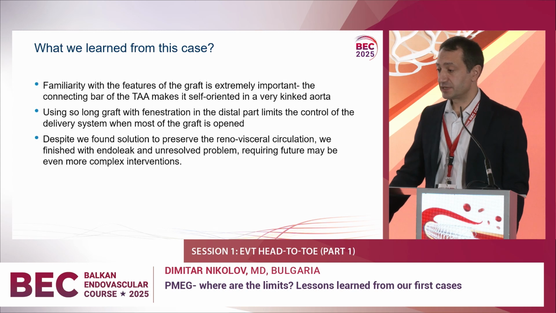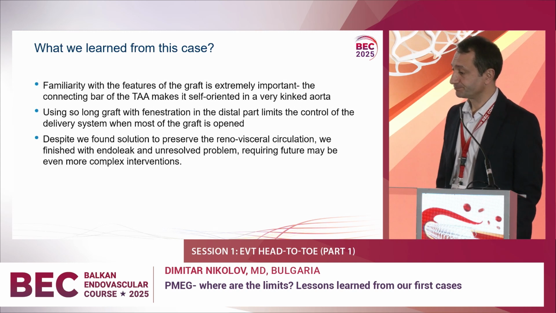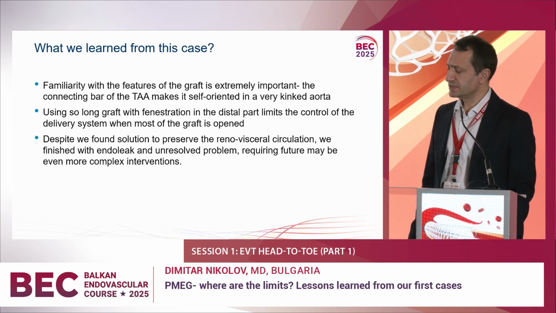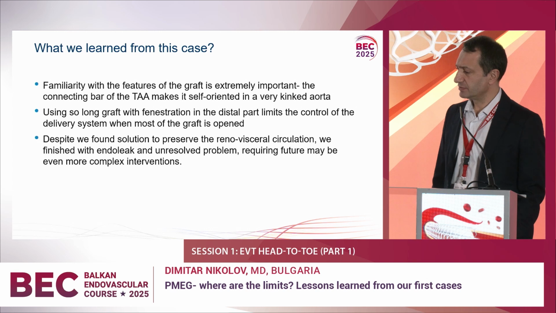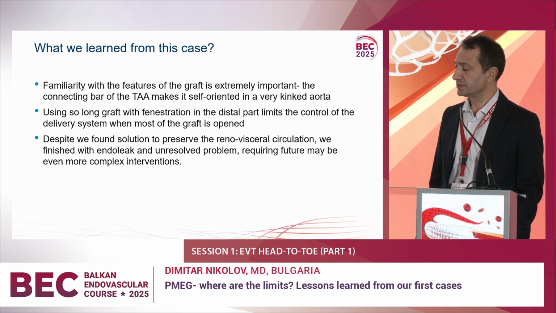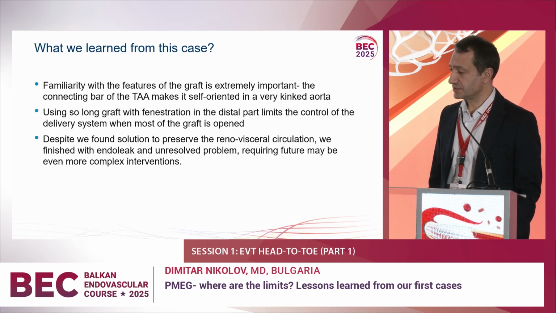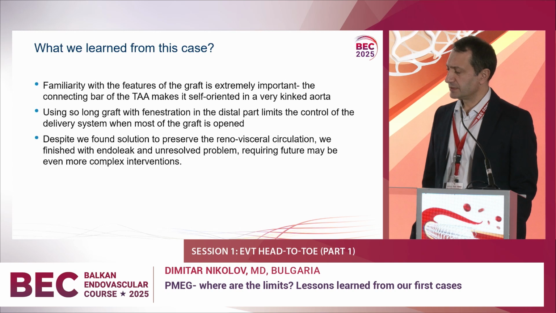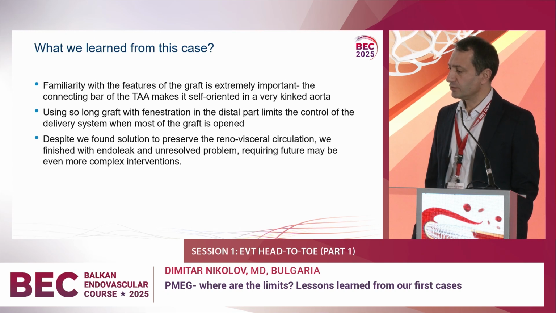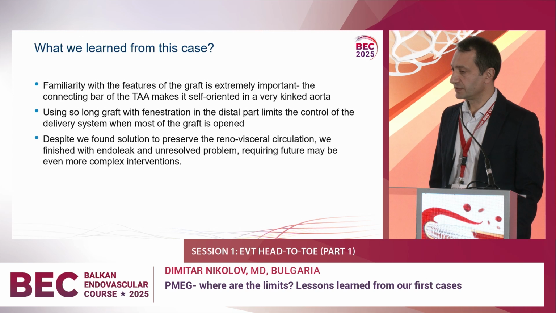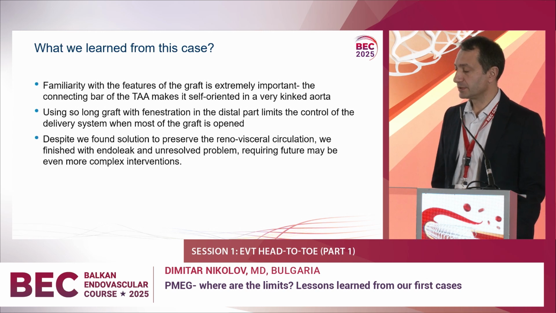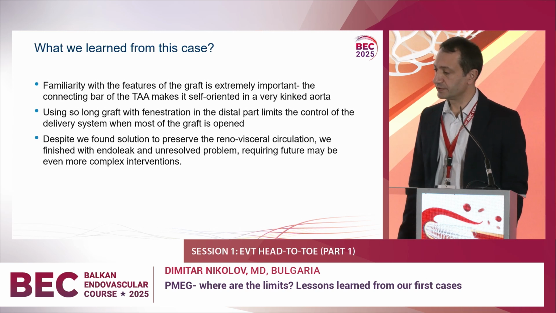We will check and decide later what to do. What we learned from this case is that familiarity with the features of the graft is extremely important. This was the first thoracic Ancora we used, and it has a connecting bar which makes it practically self-orienting in kinked parts of the aorta.